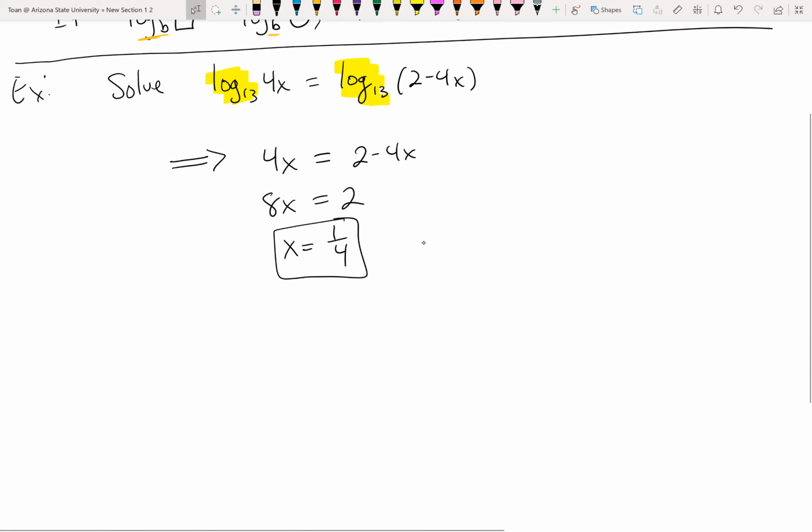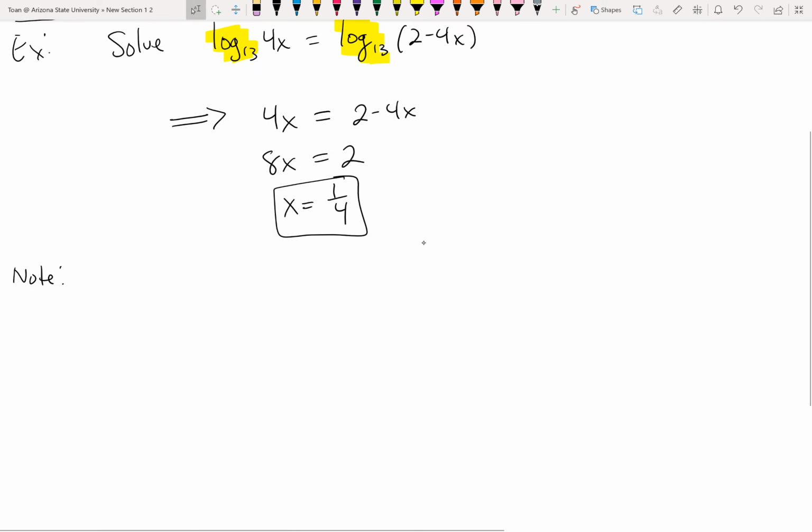Do note, however, that logs are different in terms of what types of solutions they can have as compared to other functions like quadratic functions, linear functions. Note that logs have a restricted domain.